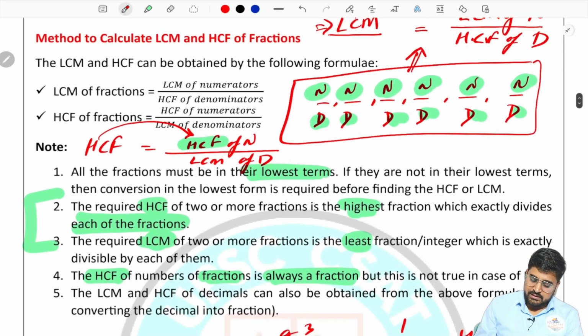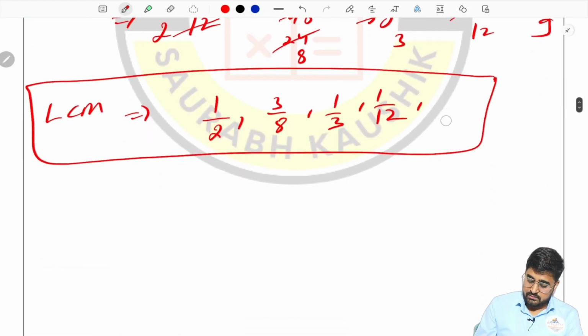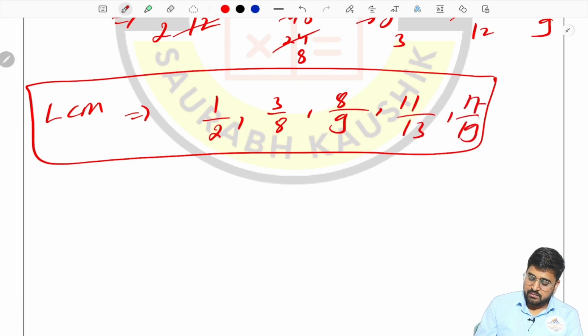You have seen that mostly the HCF is very small. Let us take a good example, 8/9, 11/13 and 17/19.